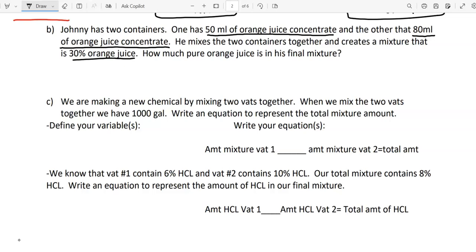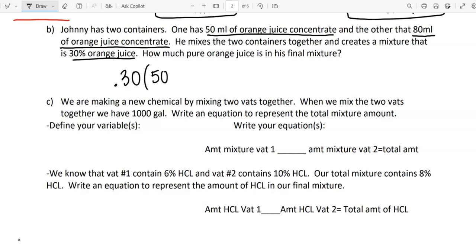How much of the final mixture is orange juice concentrate? 30%. How do I write 30% as a decimal? 0.30. Okay. And that's of his final mixture. How much is in his final mixture? 50 and 80, right? So 50 plus 80.